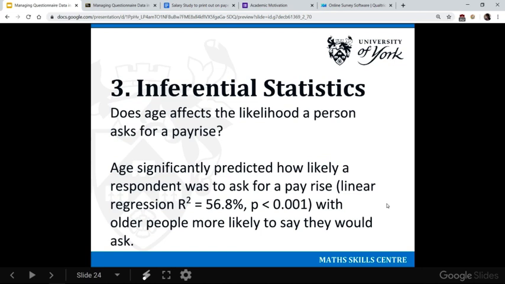But if we want to say something about what affects that likelihood that people will ask for a pay rise, then we need to use another piece of information, another measurement from our survey, and in this case we're using age. So I hope that shows you how we're answering quite different research questions with the descriptive statistics compared to the inferential statistics.